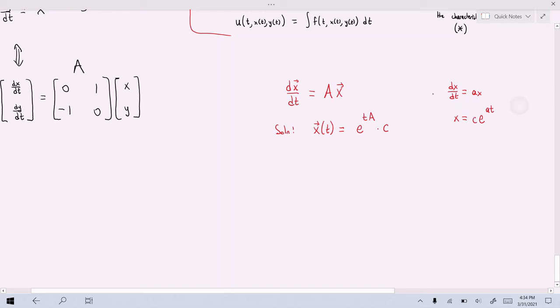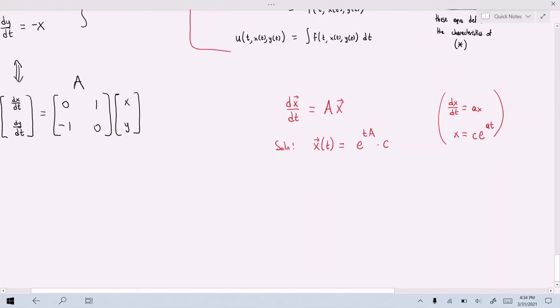So for a higher order system where x is a vector and A is a matrix, the solution has a very similar form. It's e to the tA times c. If you've ever seen e raised to a power of a matrix before, we define that by using the Taylor series formula for the exponential.